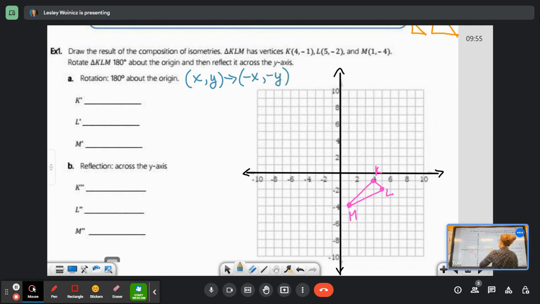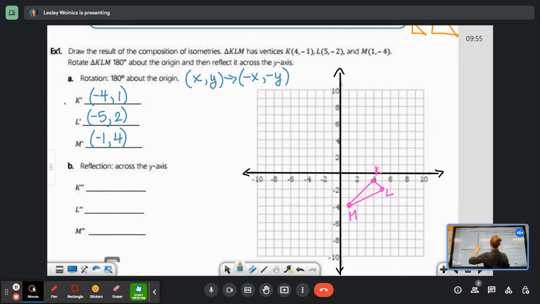We want their opposites. So I'm going to change the signs to the opposites on all of my points. K prime will be -4, +1. L prime will be -5, +2. M prime will be -1, +4. See, this isn't hard.